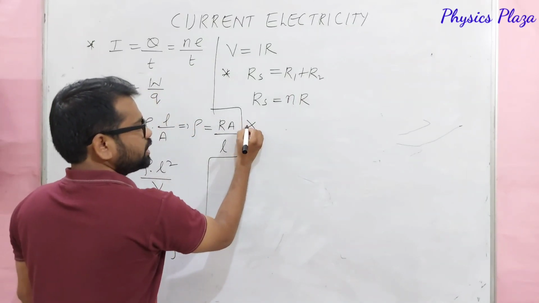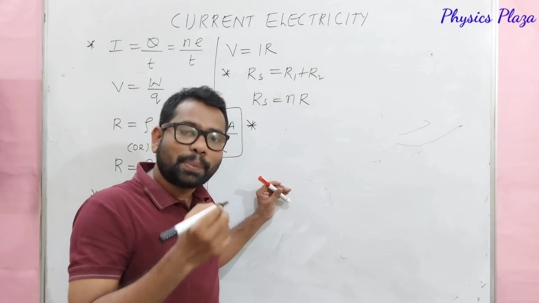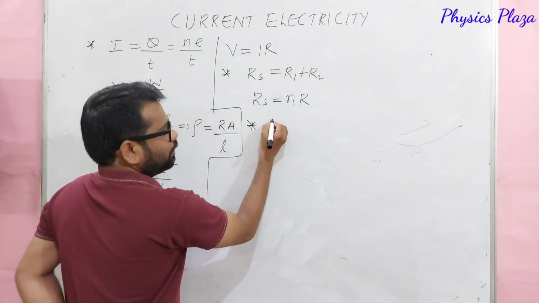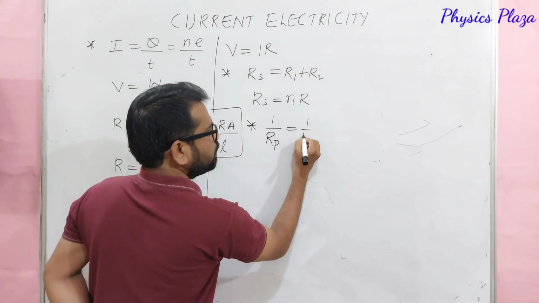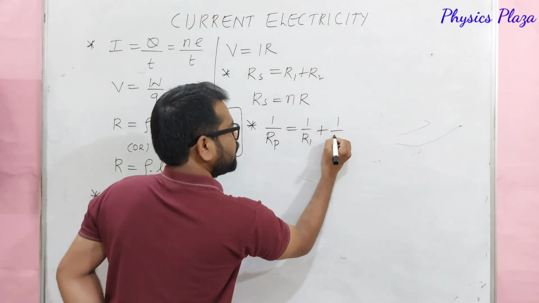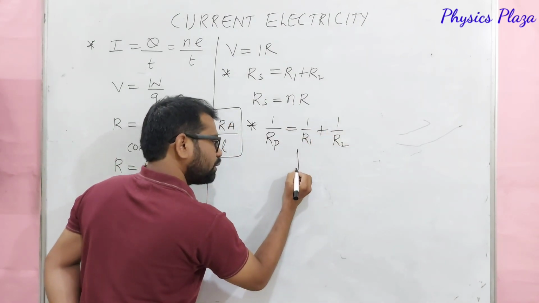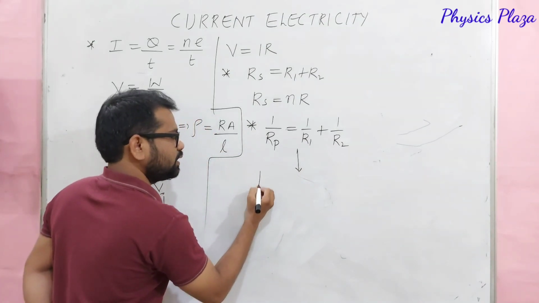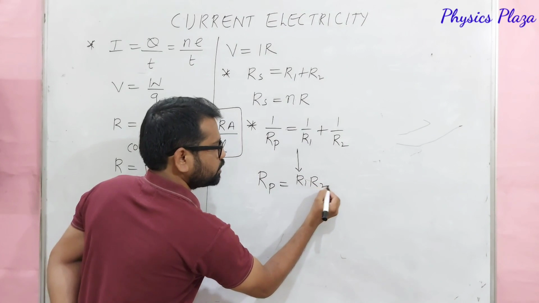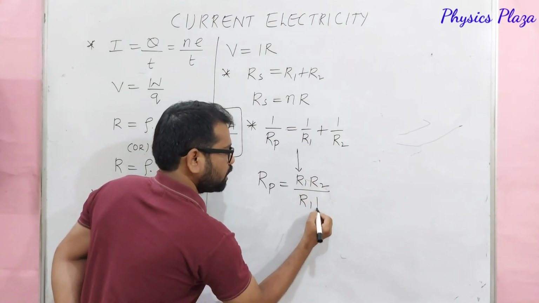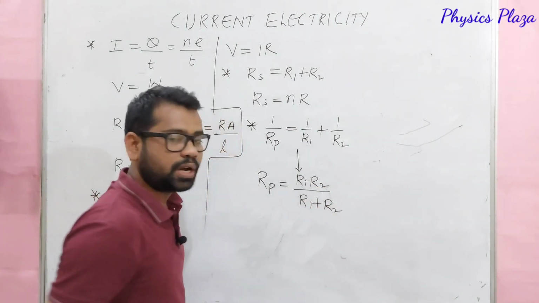In a parallel combination, if two resistors are connected in parallel, then 1 by Rp is equal to 1 by R1 plus 1 by R2. Children, this also we can write like this: Rp is equal to R1 R2 by R1 plus R2.